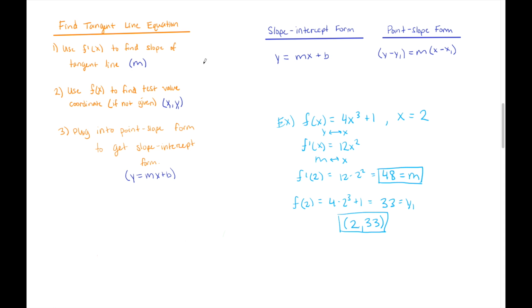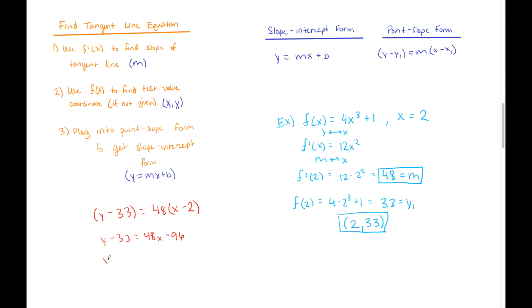Now we have the two necessities. We're going to plug into point slope form and get our final answer in slope intercept form. So y minus y1, which is 33 based off our coordinate, equals the slope, which is 48, times x minus x1, which is 2, and we were given that. So y minus 33, if I distribute the 48, I get 48x minus 96, and we can already see it turning into that slope intercept form.